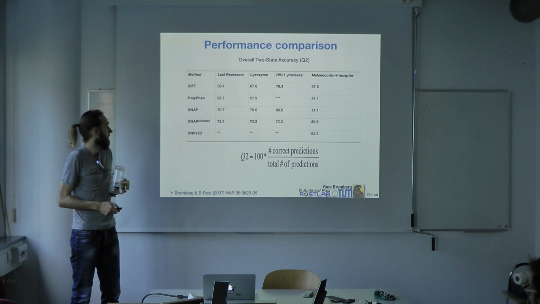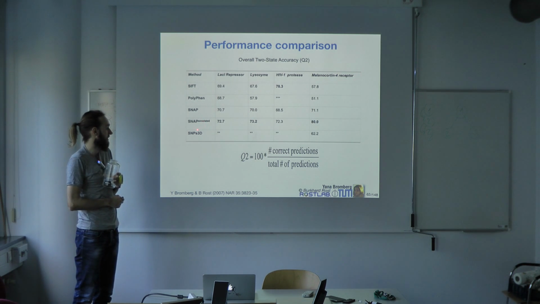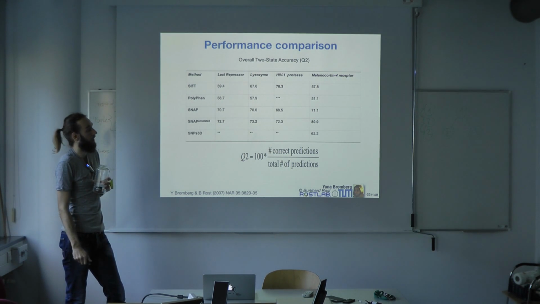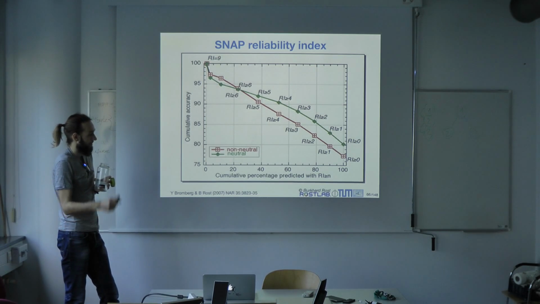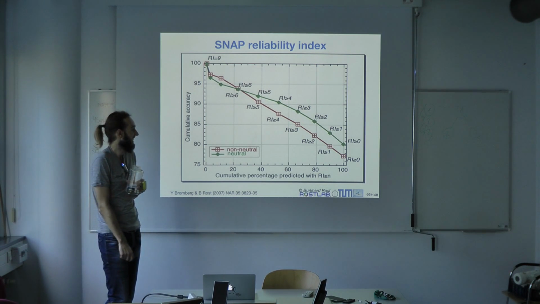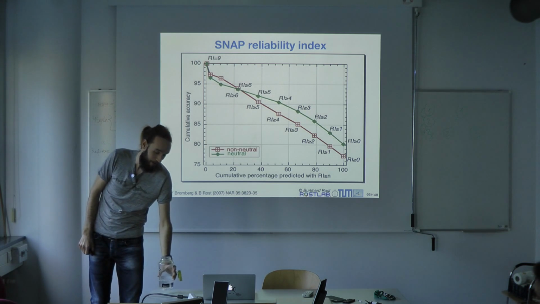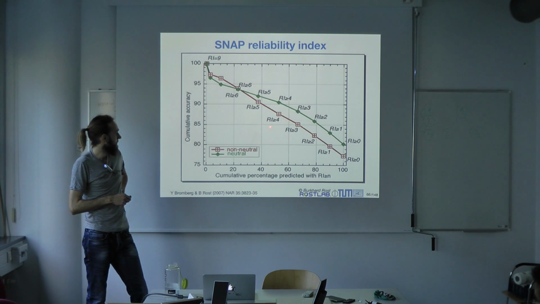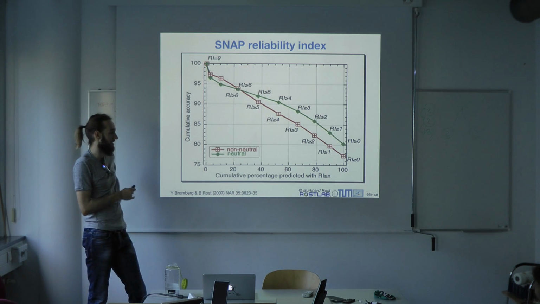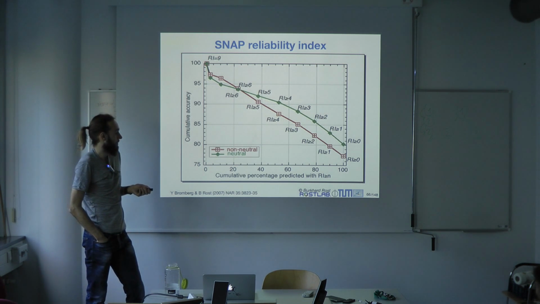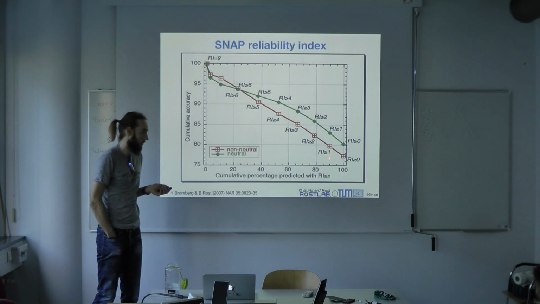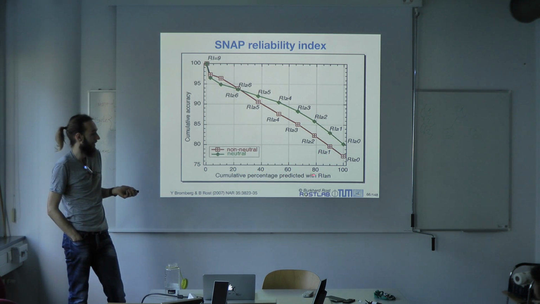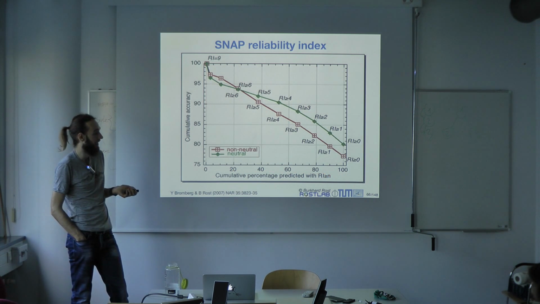And SNAP performed fairly well in Q2, in particular the version taking into account already known annotations performs even better. So that's good. Now we get back to the reliability index. This is a cumulative curve, and that means we have points for effect variants and points for neutral variants separately. If we look, for example, at a reliability index of 1 or larger, down here we see how much of the total set of variants we are looking at.